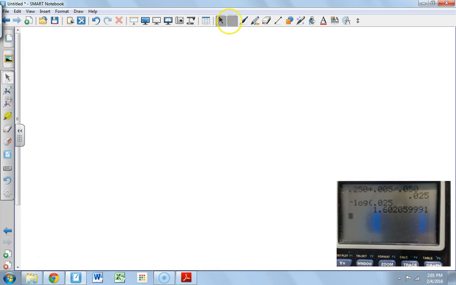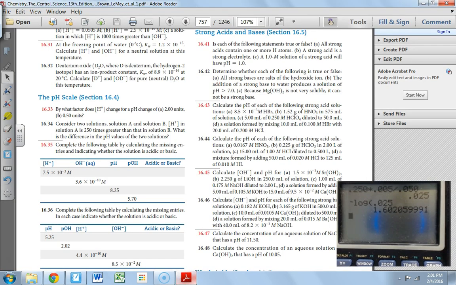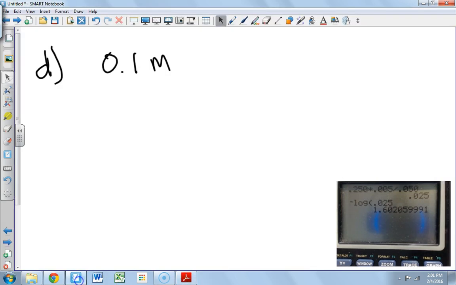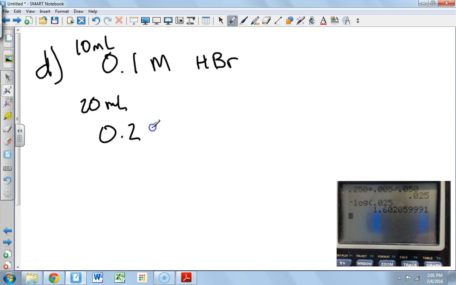So for part D here, we have two acids: 0.1 molar, 10 milliliters of HBr, and then we have 20 milliliters of 0.2 molar HCl.